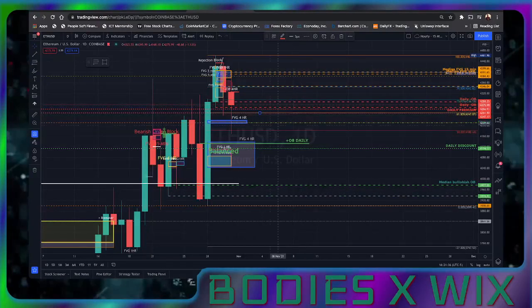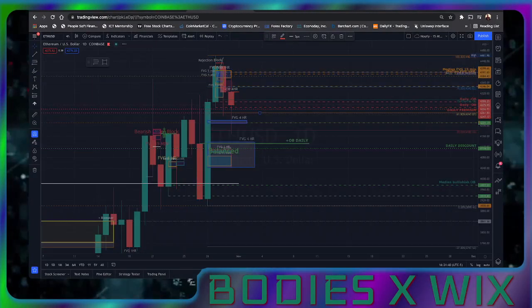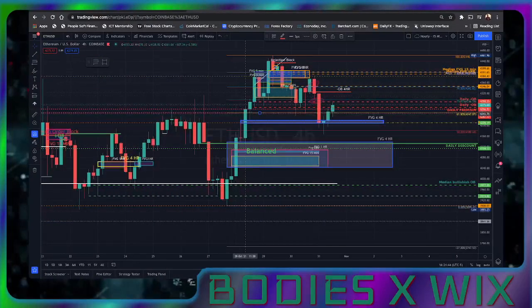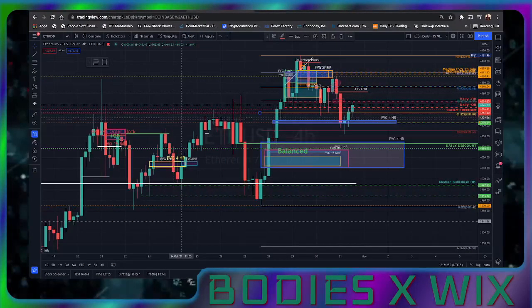So now, once I got down to the 4 hour, what I noticed is that when this thing came up, as you can see, there was this area right here where the bodies did not seem to agree.